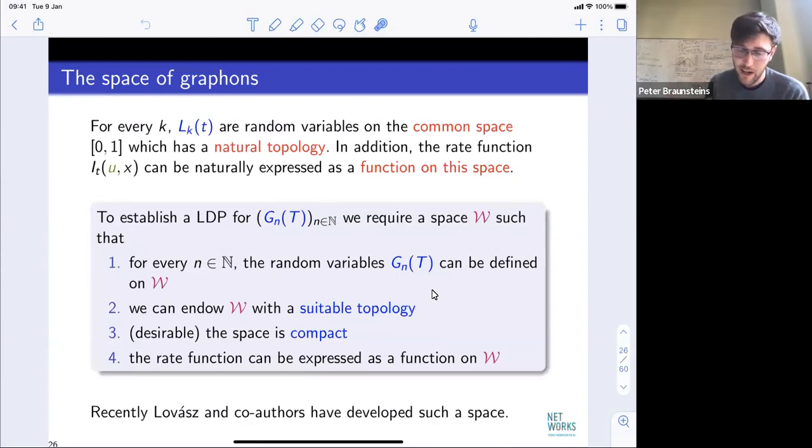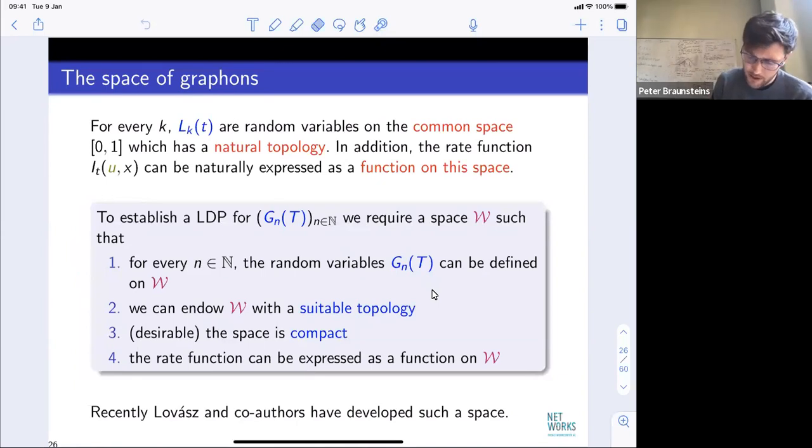If we're putting an infinitely large graph or arbitrarily large graph in here, that is going to lead to some very difficult variational problems. So we need a space that satisfies these 4 properties.